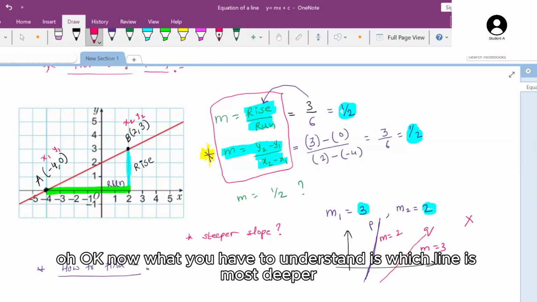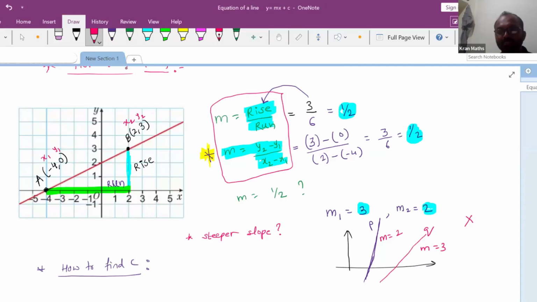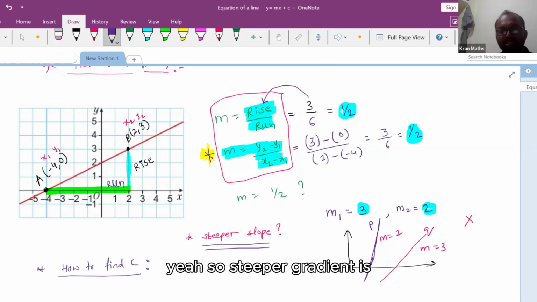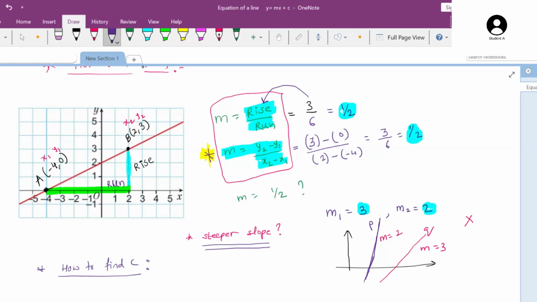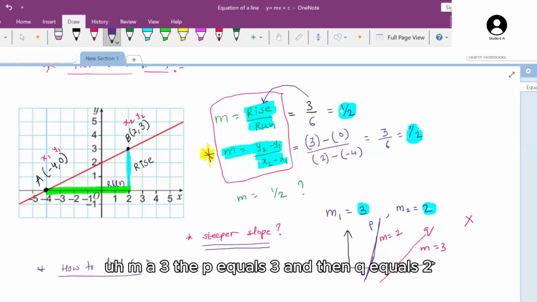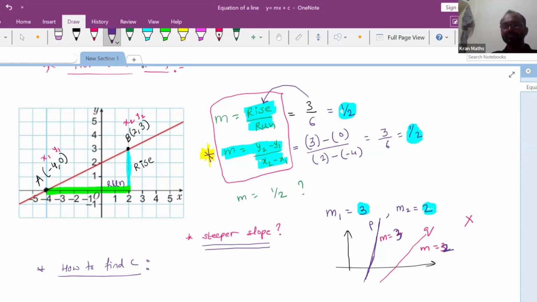What you have to understand is which line is steeper. I get why. The higher the number, the steeper the gradient. So the steeper gradient is P. What is the gradient of P? P equals 3, and then Q equals 2. Very good.